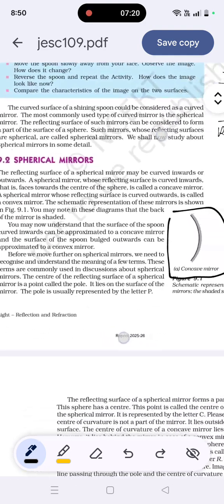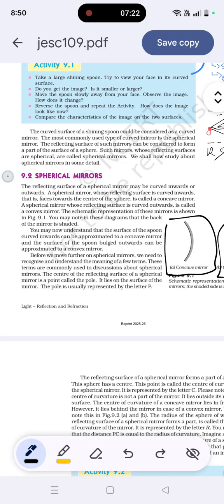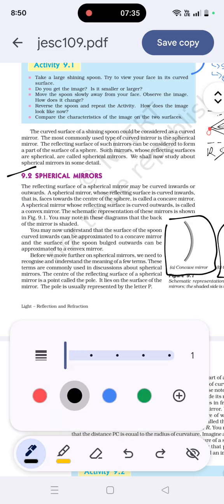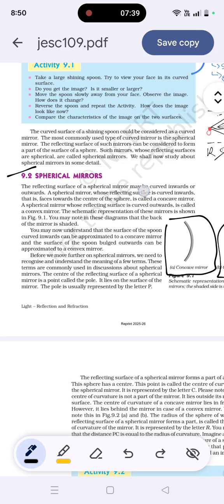Now let's go on reading from this part, because this is the important part you are not familiar with. The reflecting surface of a spherical mirror may be curved inward or outward.